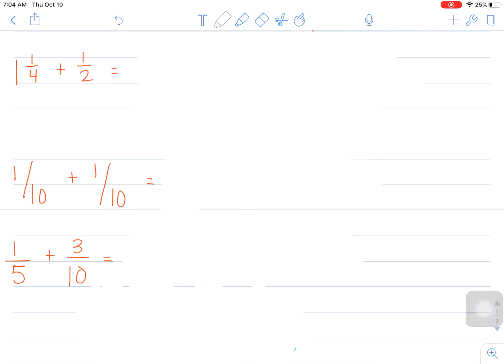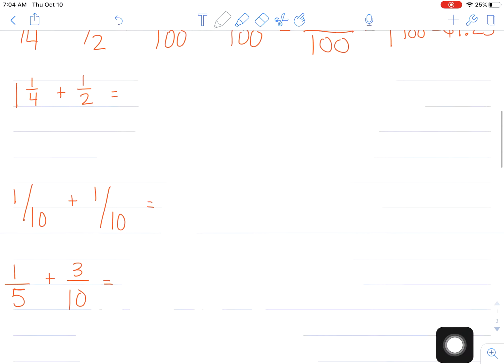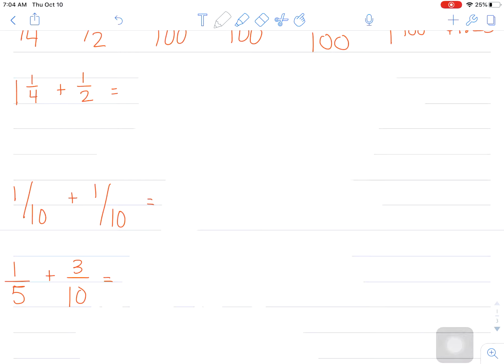As you're recording these problems down, I want you to think about what the fractional part of the mixed number, in this case, what the fractional portion equals in terms of a dollar. And then obviously one whole, what does one whole represent when thinking about money? So similarly to what you did in the previous lesson, you're going to be adding these fractions. At this time, I'd like you to pause the video, and when you have solved the first problem, you can press play.